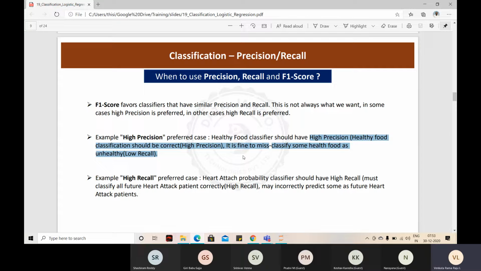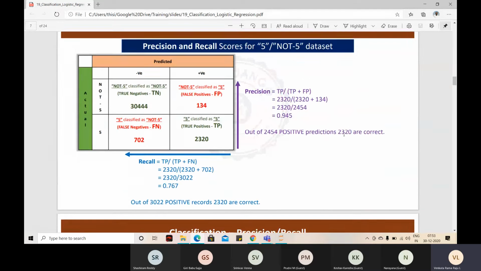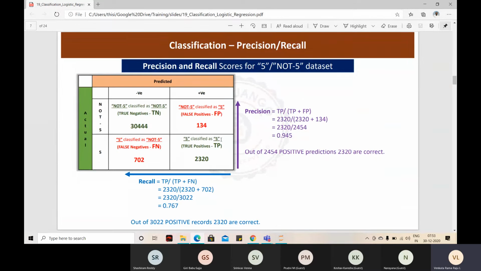Is my statement understood? Recall, we don't care. In this particular model, the healthy food classifier, precision should be high. So when I say precision should be high, this number should be 0. I don't care whether we have some number here or not. If this number is 0, what do you get? Precision.